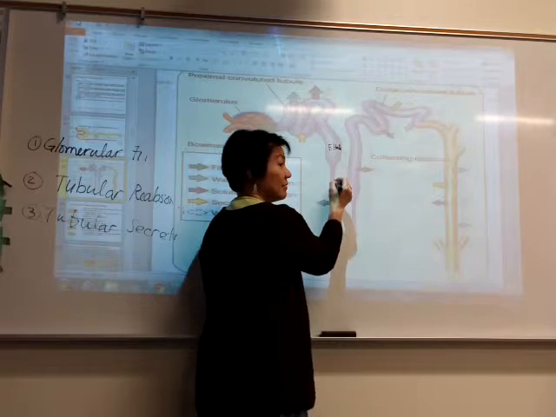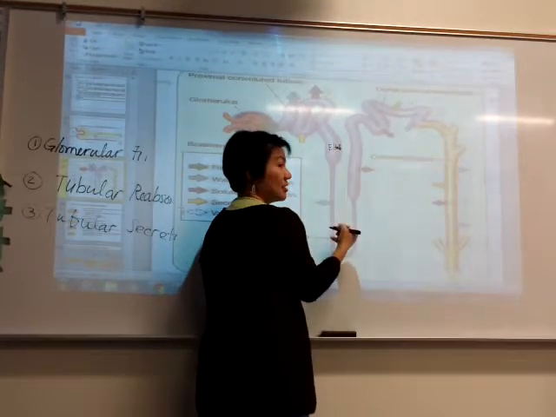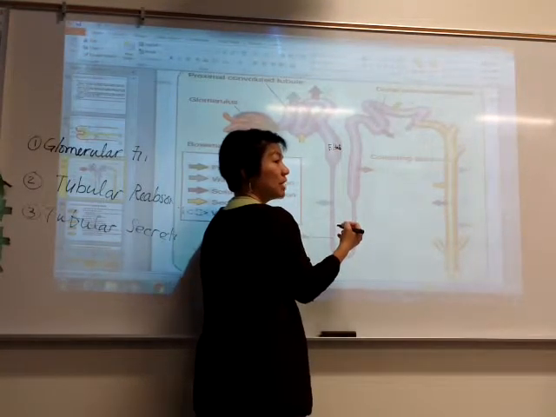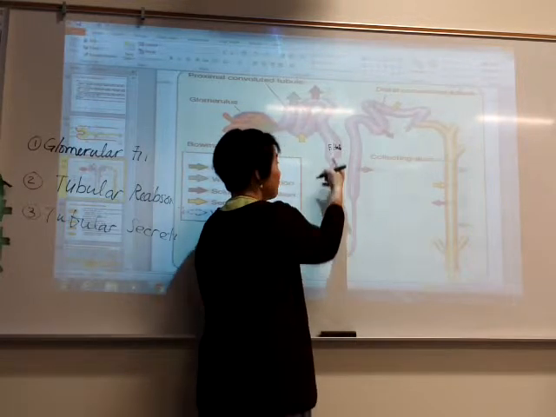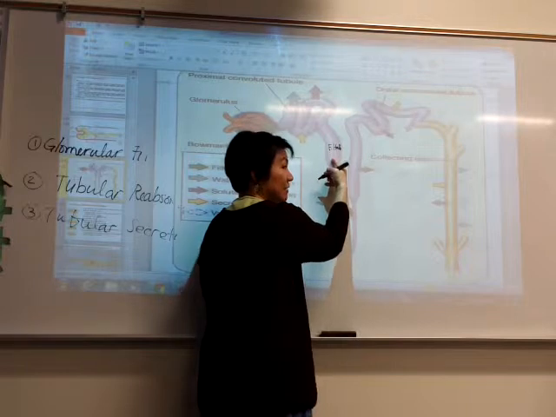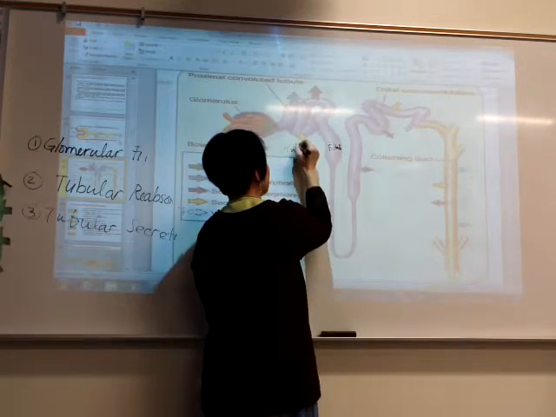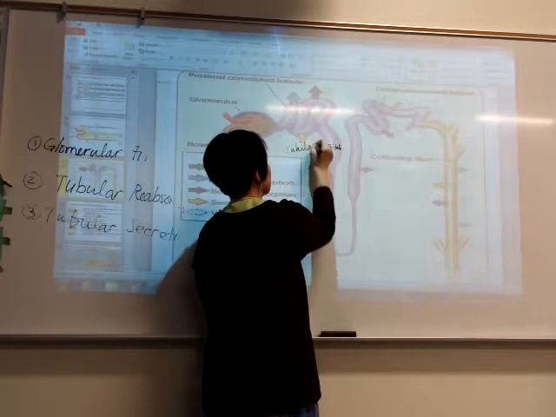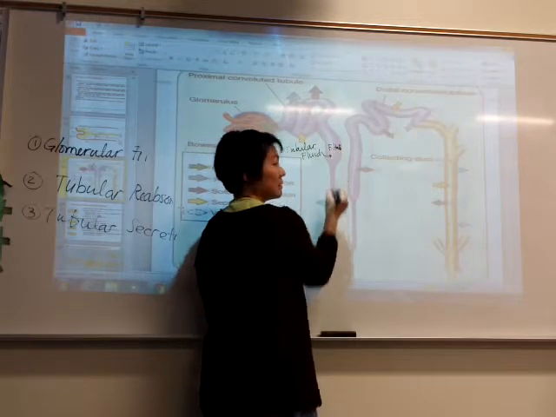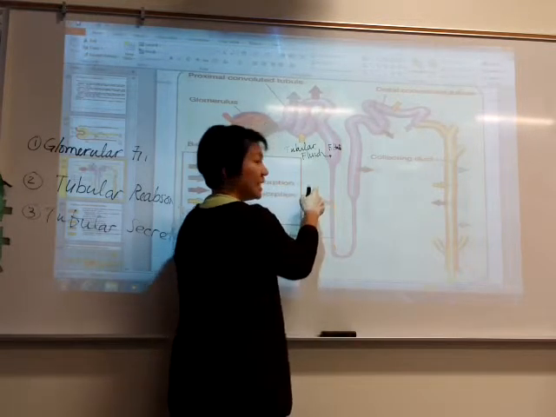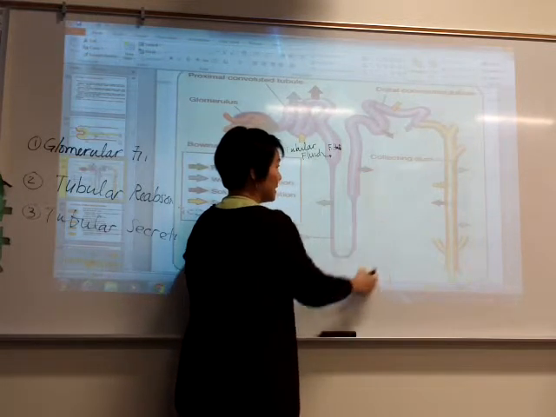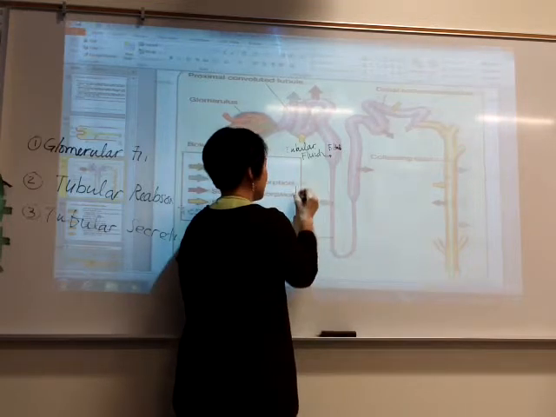Another term for the filtrate, do you agree? Tubular fluid. The filtrate is nothing but the fluid in the tubules. So you can also call it tubular fluid. And the fluid here, within these spaces, is called interstitial fluid.